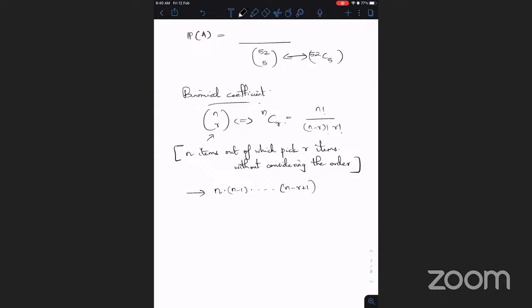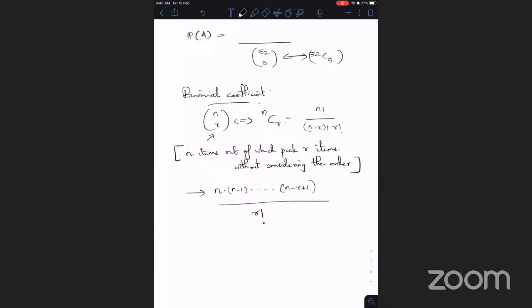Okay, cool. I'm just saying, to pick r items, you pick the first item. For picking the first item, you have n options. For the second item, you have n minus 1 options, and so on. But if you look at this, the order sort of matters here. For the problem we are looking at, the order doesn't matter. So what do you do?